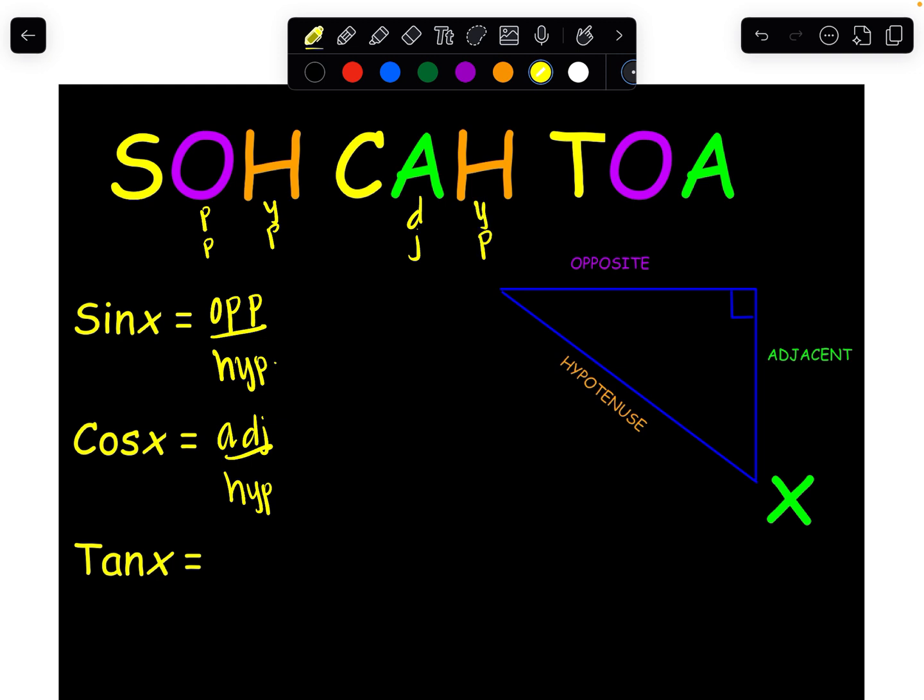And then TAN means tangent is opposite over adjacent. And the word that can help you remember that is SOHCAHTOA. Sine is opposite over hypotenuse, cosine is adjacent over hypotenuse, and tangent is opposite over adjacent.